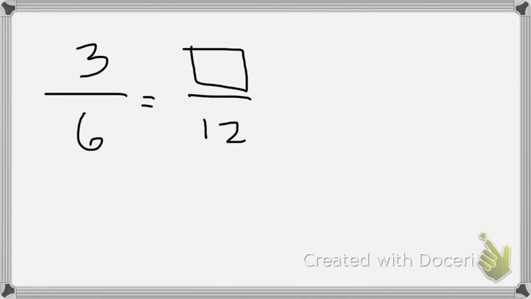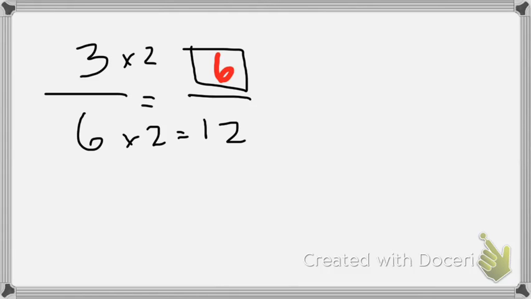Some of your problems will look like this. 3/6 equals blank over 12. So if we're changing this fraction into a bigger fraction, when you're changing something to make it bigger, you're multiplying. So what number times 6 equals 12? And the answer is 2. So 6 times 2 is 12, which means 3 times 2 is going to be 6.